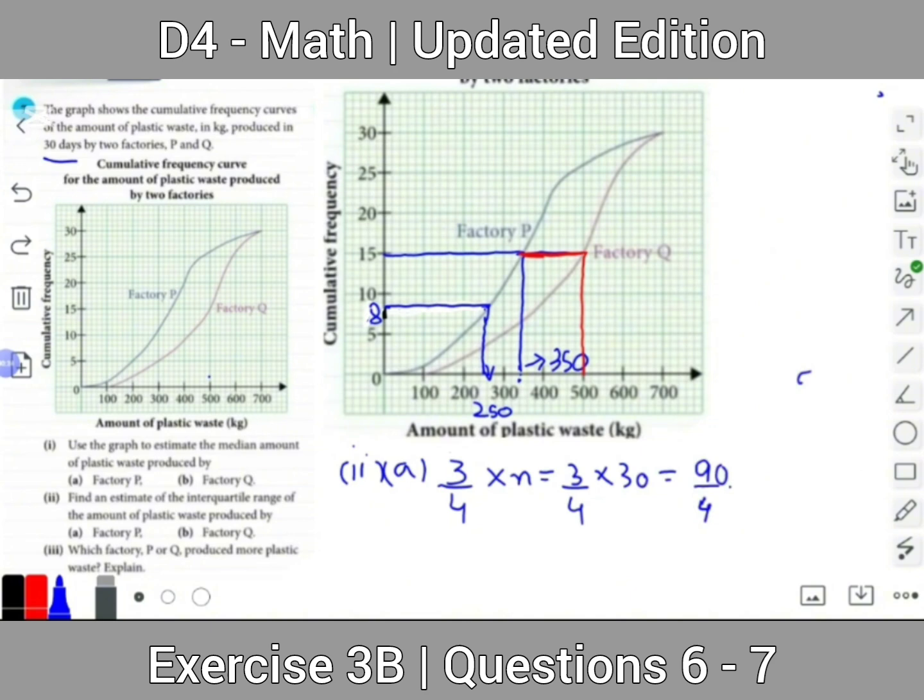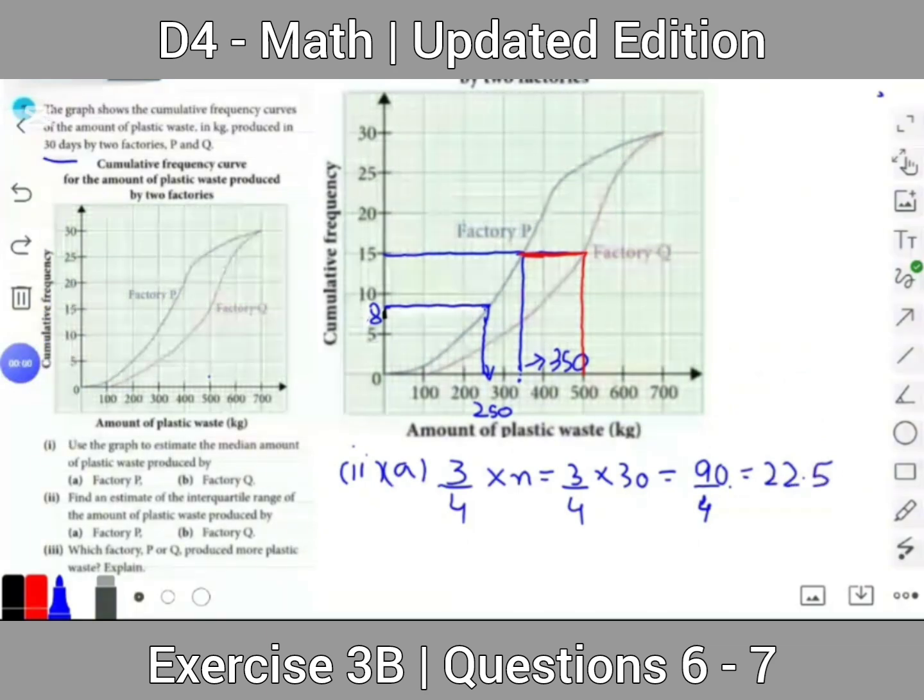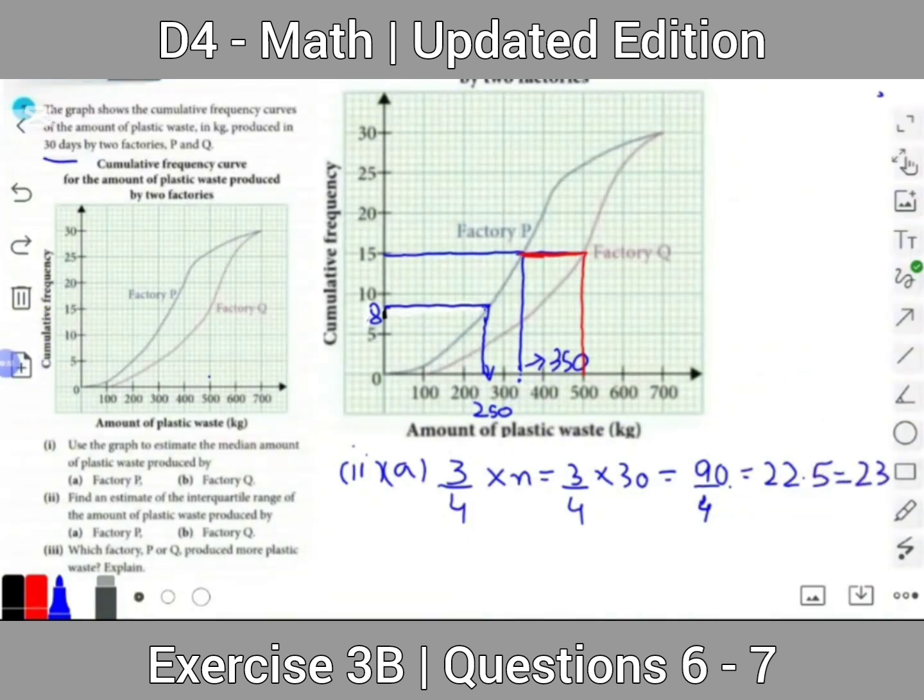So 4 2s are 8, and again 4 2s are 8, so 22 point. It will be equal to 22 point, which is approximately equal to 23.